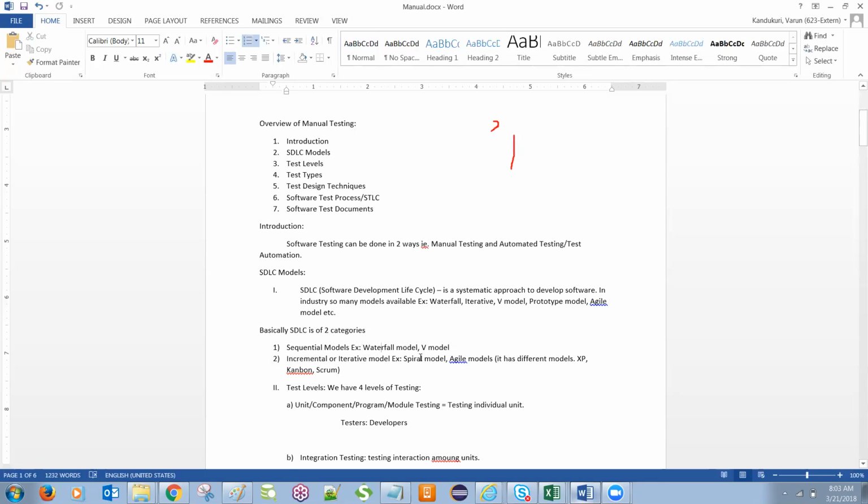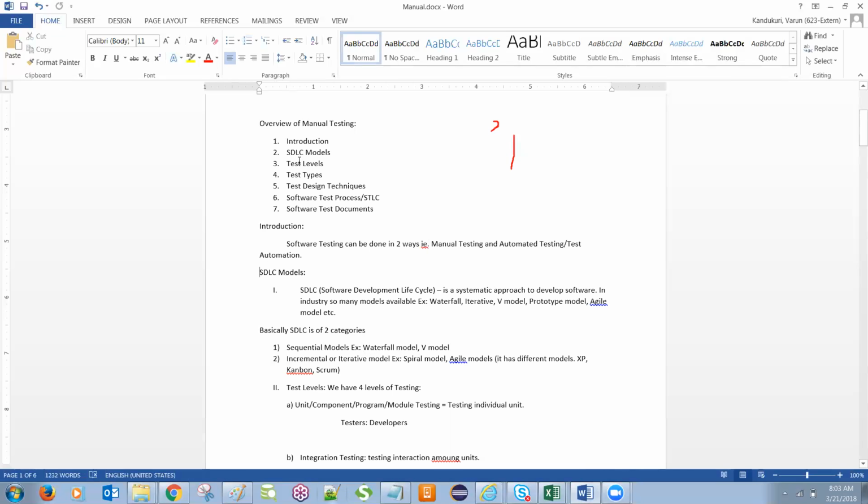Before going deep into the waterfall model, I'll come to this manual part. In manual testing, our role starts from the SDLC model. We are part of the SDLC model. From the SDLC model to the deliverable of requirements to the customer, our testers will be involved in the projects.